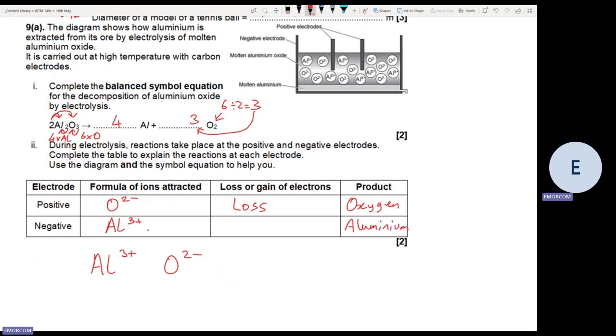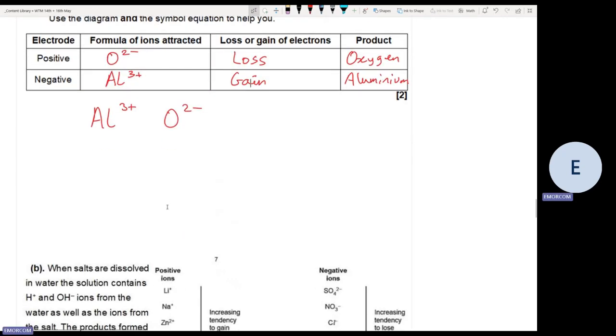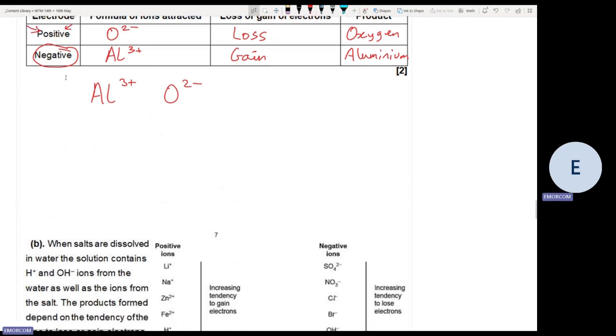And so it's gone from being positive to being neutral, so it must have gained electrons. Okay, and that makes sense as well, because it's going to pick them up from the negative electrode, whereas the O2- ions are going to give the electrons to the positive electrode.